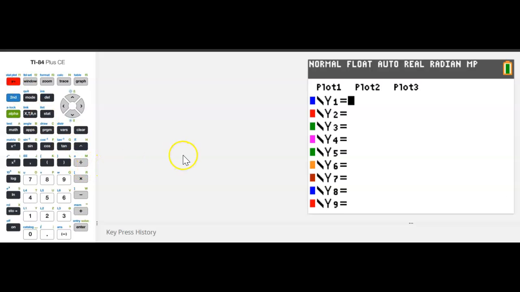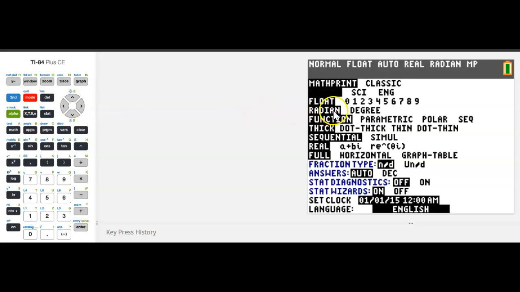Go to y equals, enter in cosine x, hit enter. For y sub 2, let's enter x divided by 3 plus 1/3. And we are graphing a trig function, so we'll make sure our mode is radian mode.